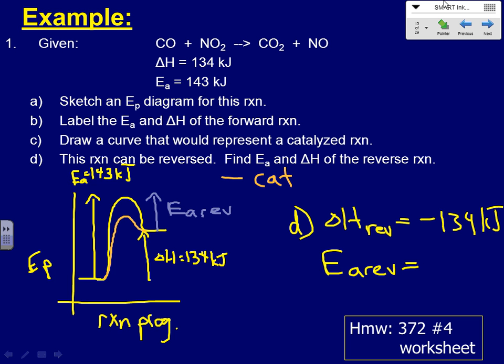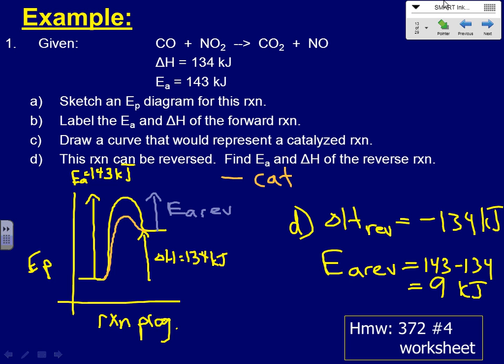Don't give me a formula, but somebody just tell me, what do I have to do mathematically to find out the length of that if I know the length of this and I know the length of that? Yeah, 143 minus 134 in this case. And what is that? That's 11? 9? 9. Don't ask me to do simple math. It's like spelling. Anyway, 9 kilojoules.